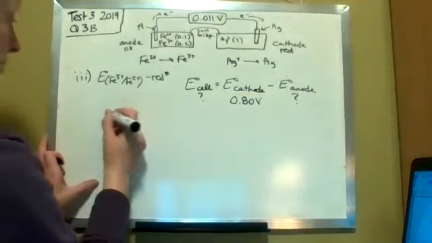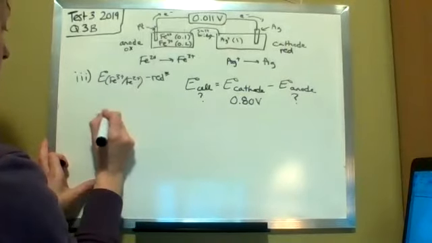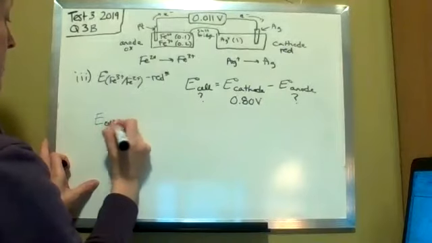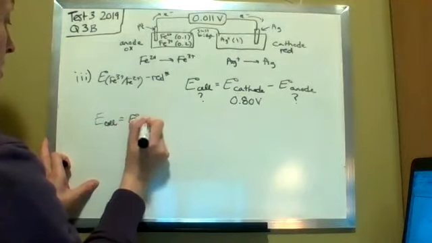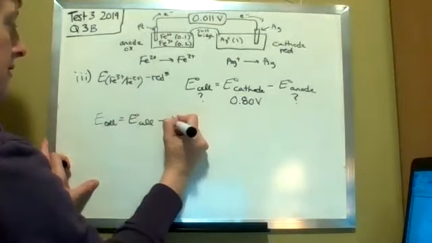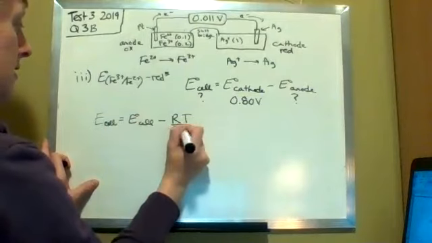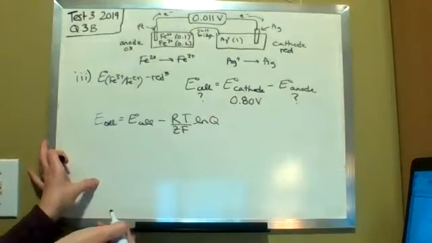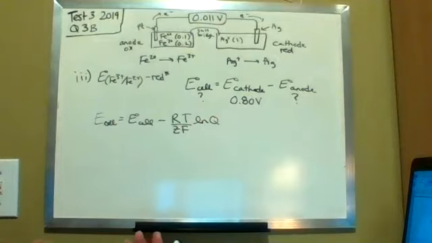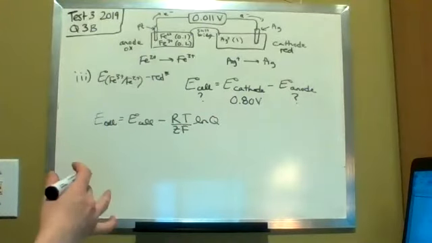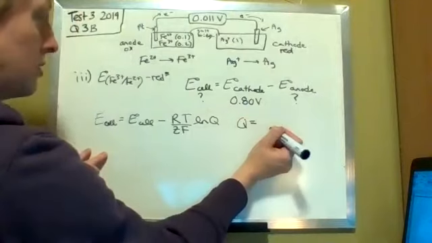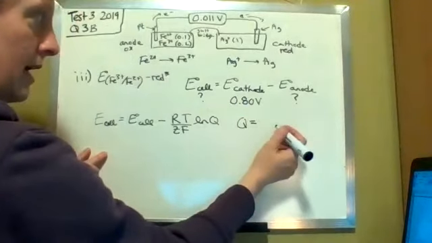So that brings us to our other equation. E cell is going to equal E naught cell minus RT over ZF ln Q. So we can go through and find Q first. This is coming back to that balanced equation that I had talked about. Q is equal to the concentration of your products over reactants.